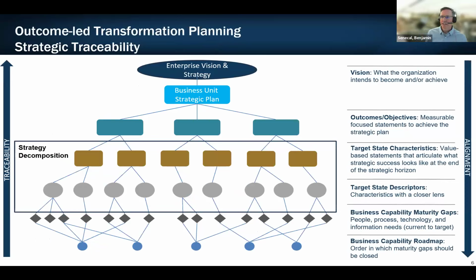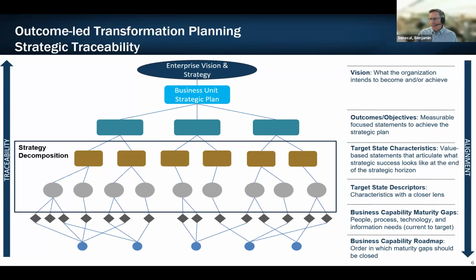One way to continue to ensure that you're achieving the goals of the organization is through strategy decomposition. This enables you to identify what strategic success looks like, through target state characteristics and target state descriptors, where you're providing a better definition of what the end state is.